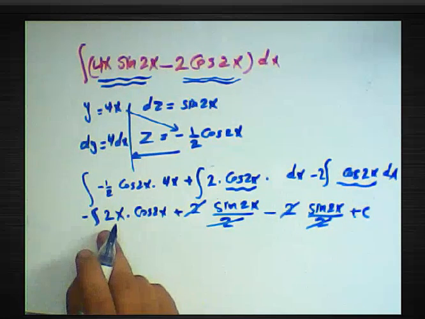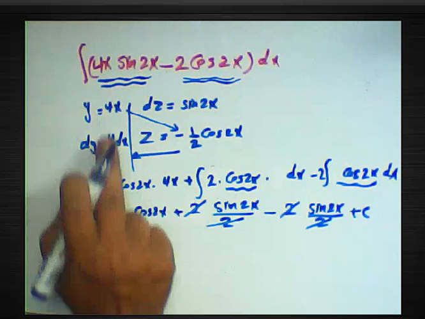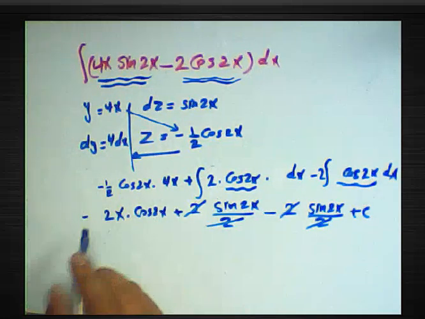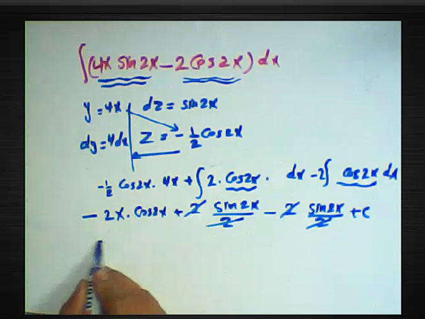And we have the integration of 4x times negative half cosine x, it will be negative 2x cosine 2x.